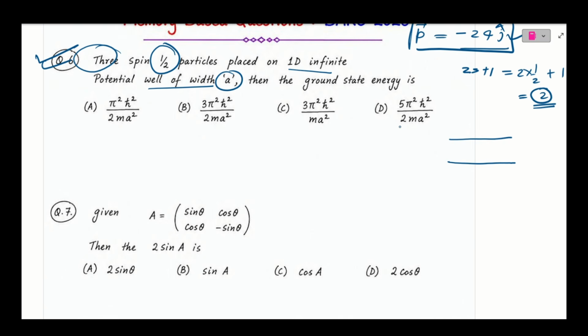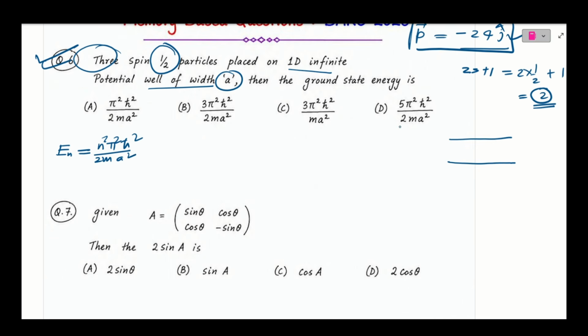Fine. Okay, now what is the energy expression for this system, the 1D infinite potential well? That is n squared pi squared h cross squared divided by twice m a squared.